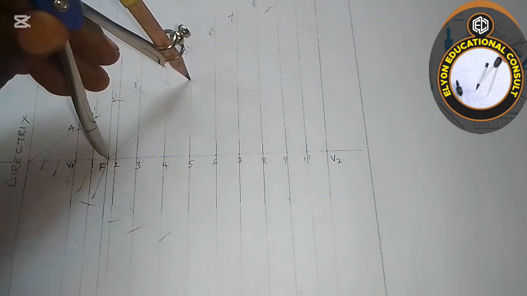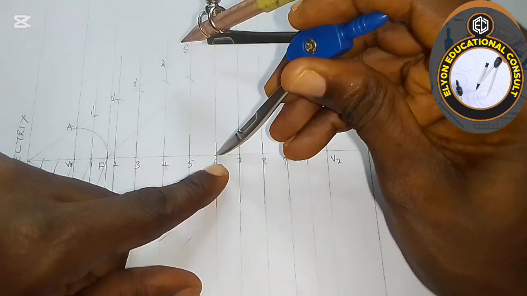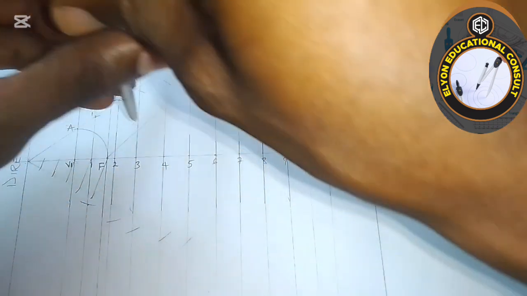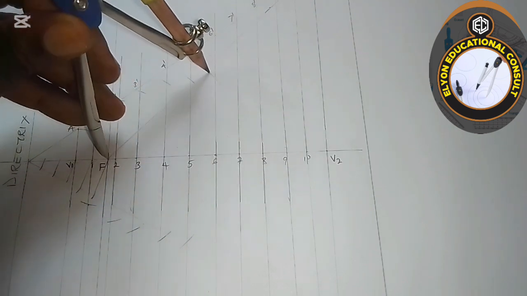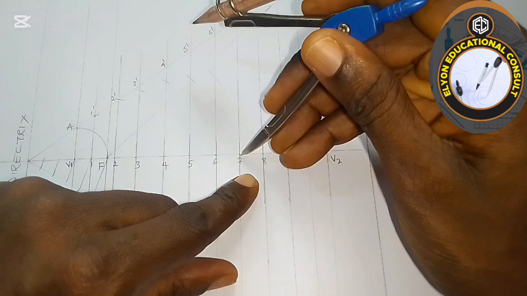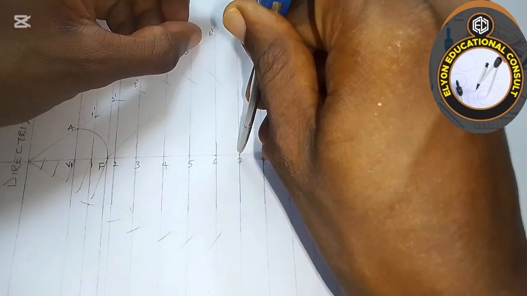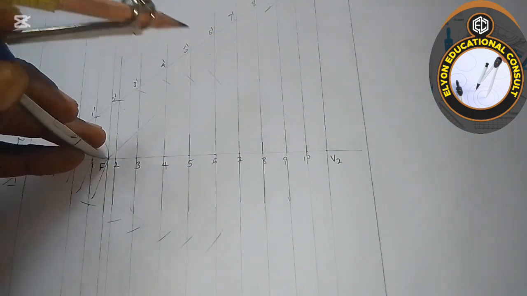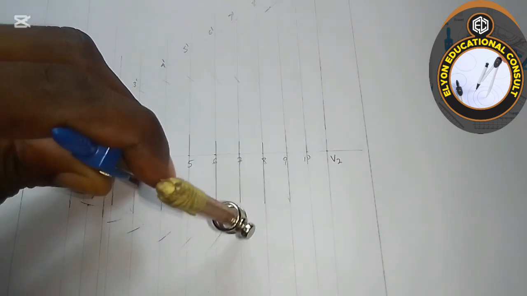Then 6 and 6 prime, place on the focus like this, mark for 6 this way. Hope you can see that. Then 7 and 7 prime, then place on the focus, mark line 7 both up and down, as you can see.